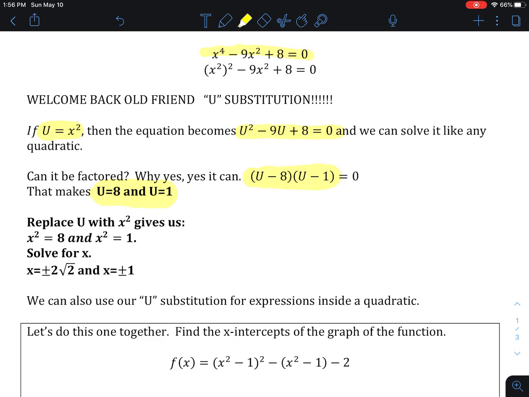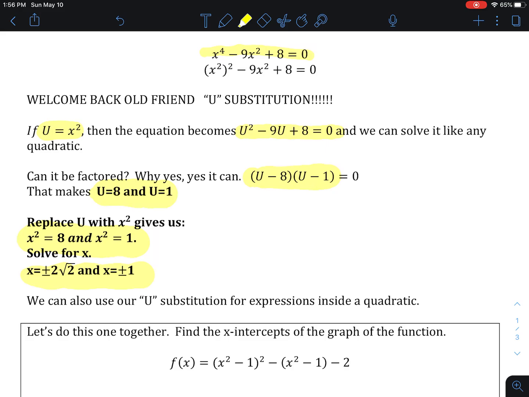So what we need to do is one last replacement of u back to x squared, and we get x squared equals 8 and x squared equals 1. Solving those for x will give us the square root of 8, which is plus or minus 2 square roots of 2, and then the square root of 1, which is plus or minus 1.